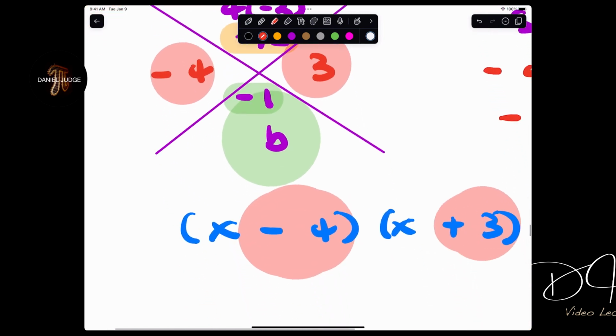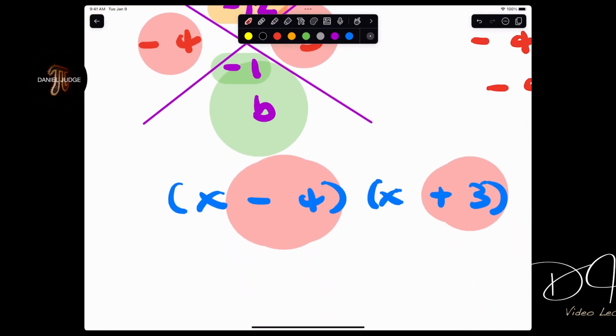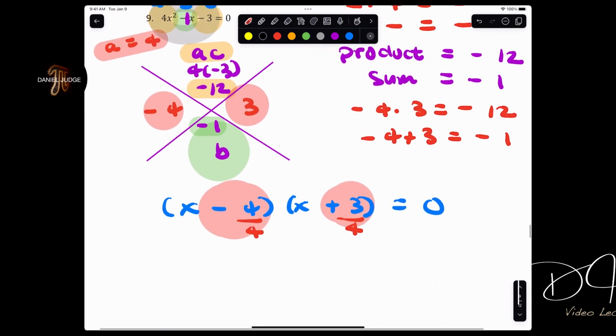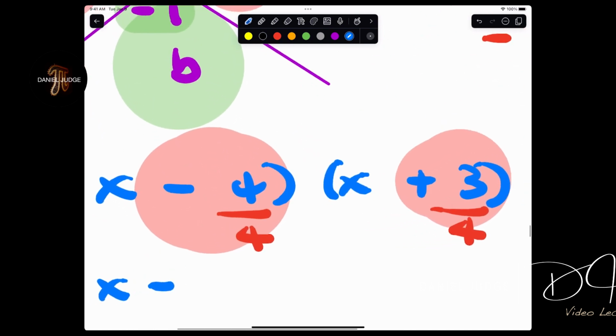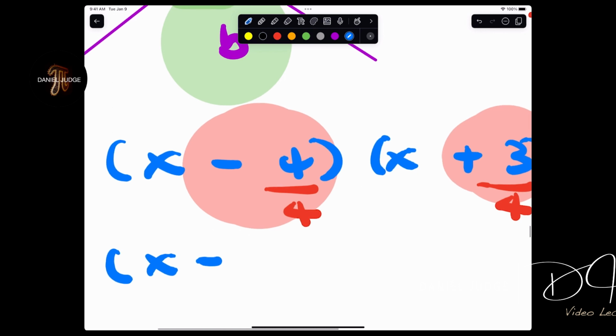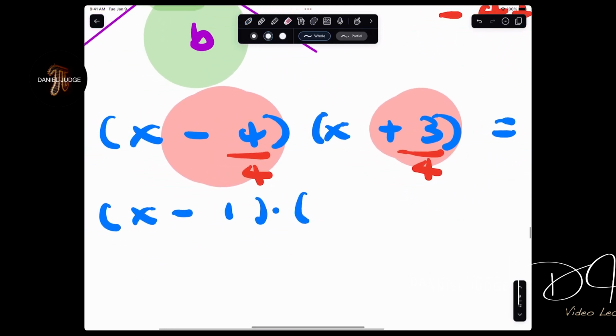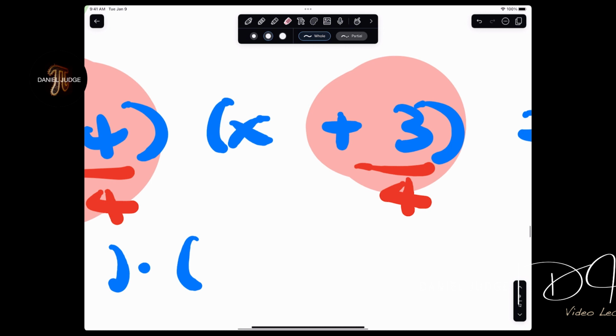So because of that, I have to divide both of the numbers that I found by a 4 here. I always divide by that A value. And what I look for now is whether I get a whole number when I divide. In the first case, 4 divided by 4 is 1. Yes, there's a negative sign there, but I can ignore it. And in the second case, we know that 3 divided by 4 is not a whole number.